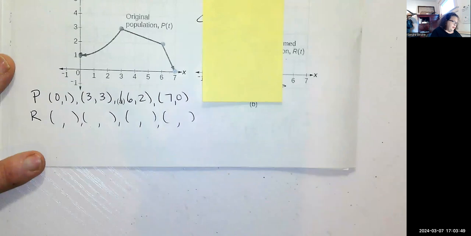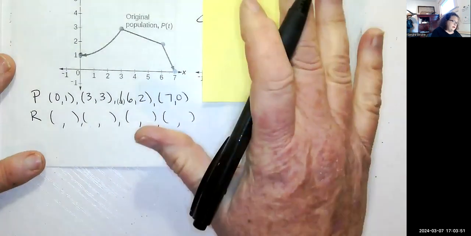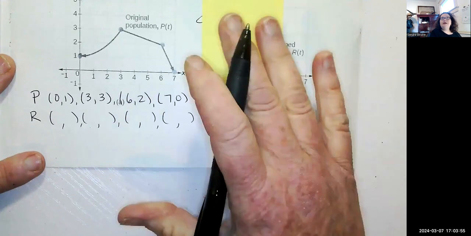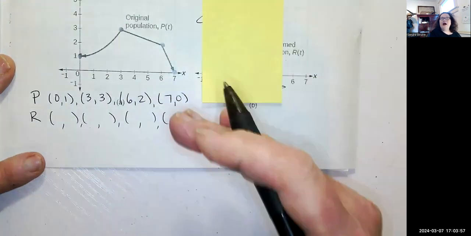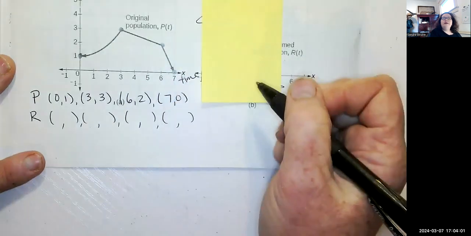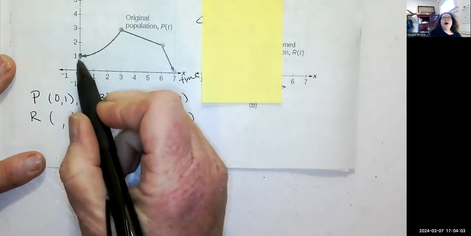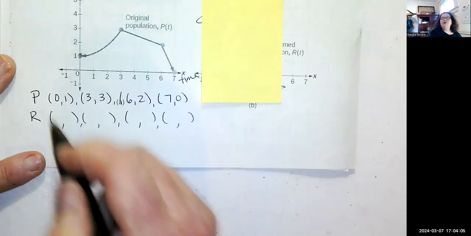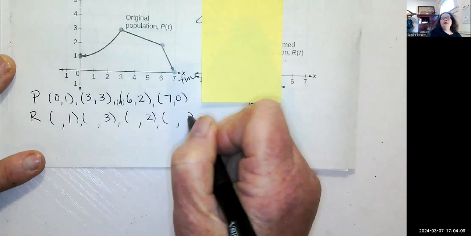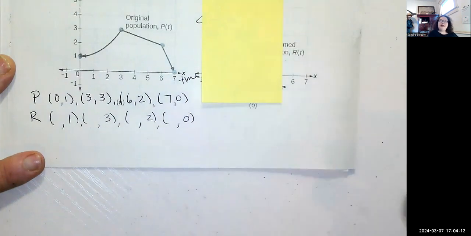Now, what they're talking about here is the population value doesn't change. What's changing is the lifespan. So it's time that's changing. Remember, time is always your x-axis. So if the population is not changing, my y values are not changing, which means 1, 3, 2, and 0 are going to remain the same.